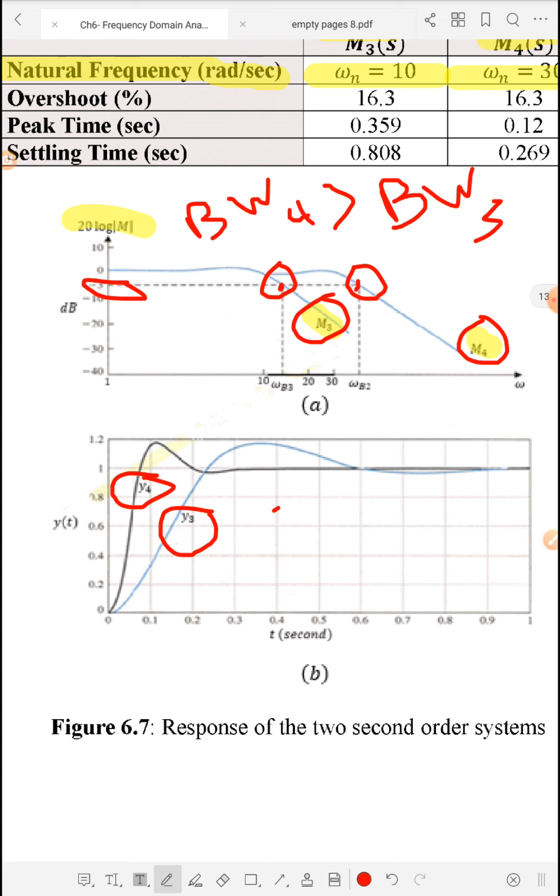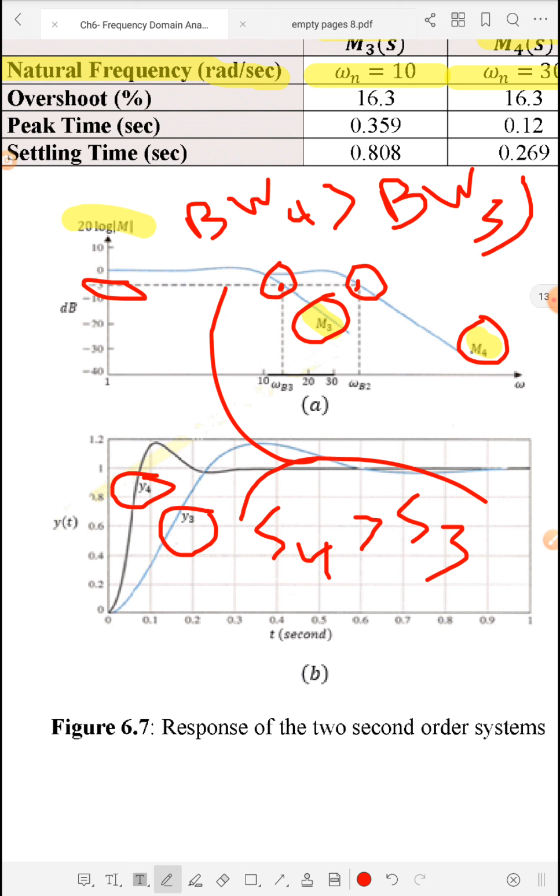So the speed of system 4 is larger than the speed of system 3. And if we correlate this fact with this fact, it's obvious that the larger the bandwidth, the faster the response. The smaller the bandwidth, the slower the response.